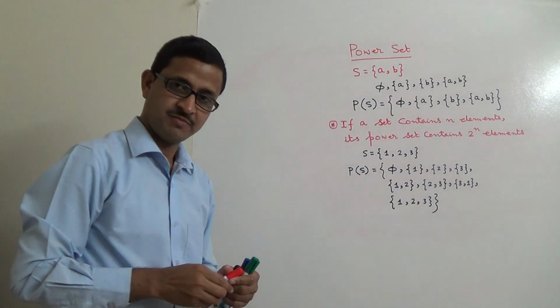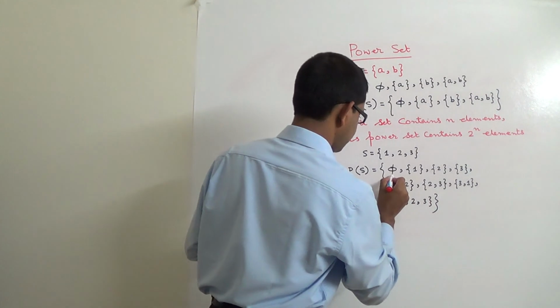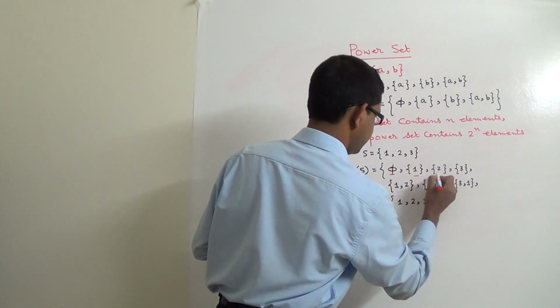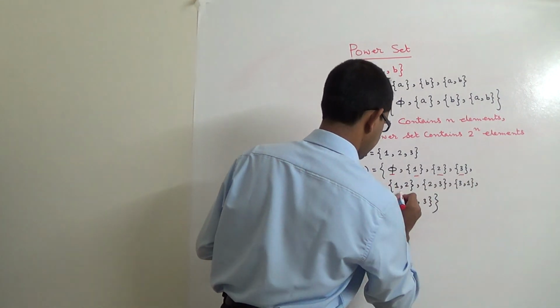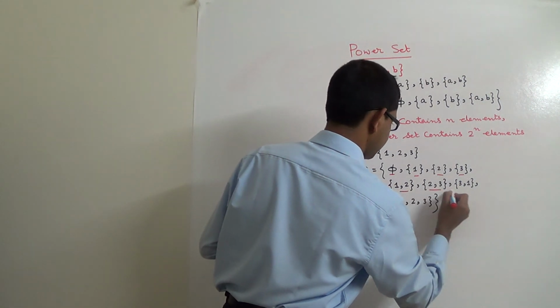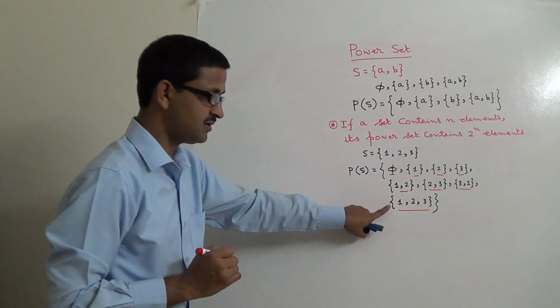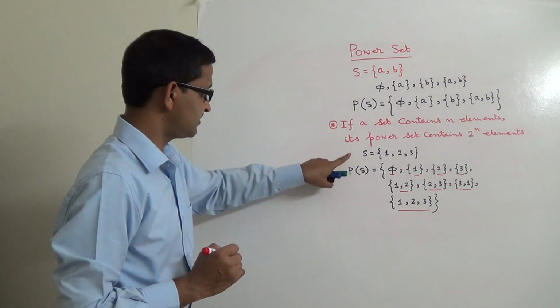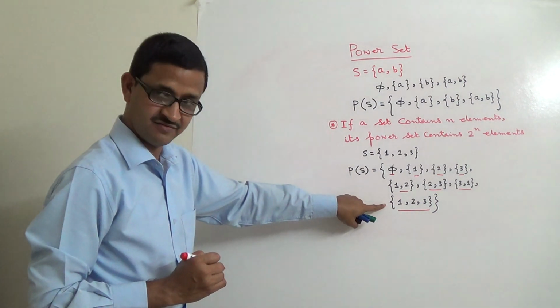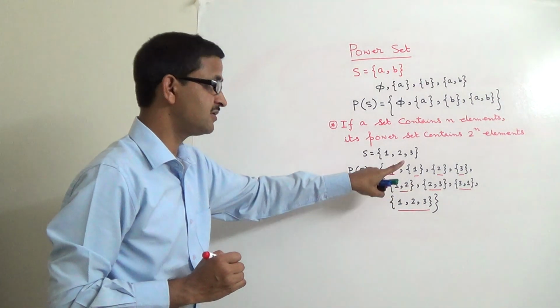So it contains 2 to the power 3, that is 8 elements: the first element, second, third, fourth, fifth, sixth, seventh, and finally the eighth element. This last one is an improper subset of the set S because this is S itself, and all the other sets are proper.